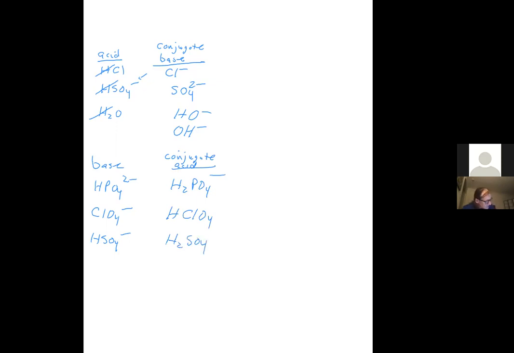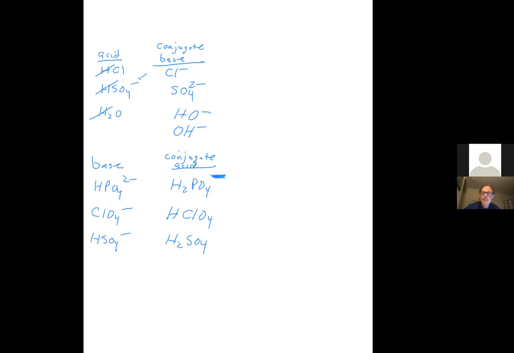Adding a plus and negative is 0, so there you go. So this one here does have a negative, but these 2 at the bottom do not. That's perchloric acid and sulfuric acid are those 2 products. And that's dihydrogen phosphate ion is the one above. Okay, so that's the idea of conjugates. So try to practice working on identifying conjugates.